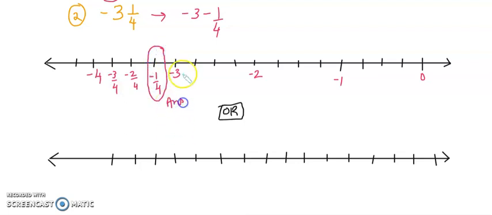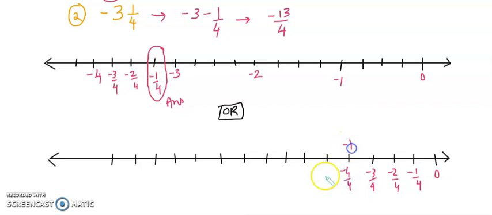Now if you want to do it as an improper fraction, then it will change into negative 13 by 4 because 3 1 by 4 is 13 by 4. So we'll mark it from the right corner 0, then negative 1 by 4, negative 2 by 4, negative 3 by 4, negative 4 by 4 which is negative 1.